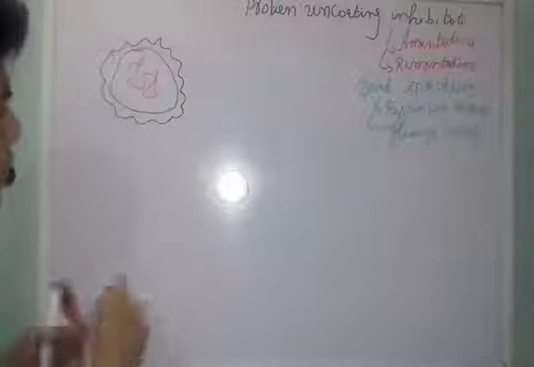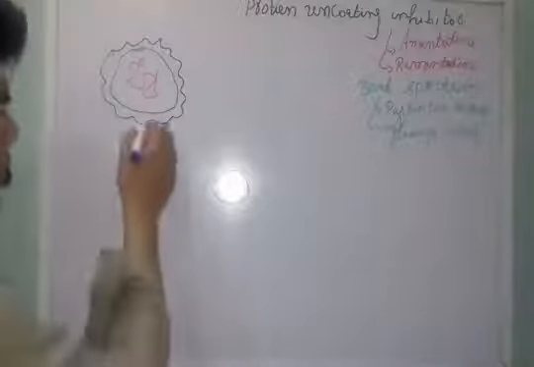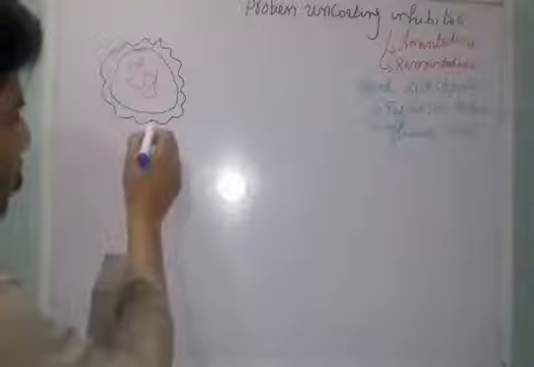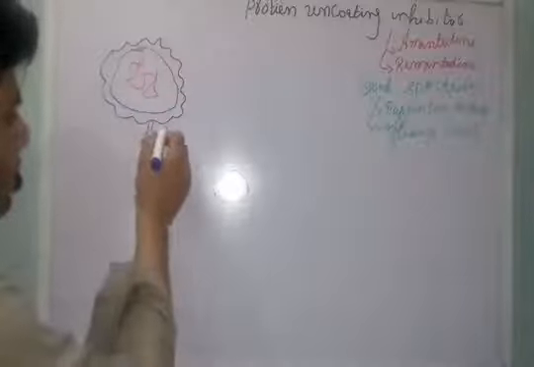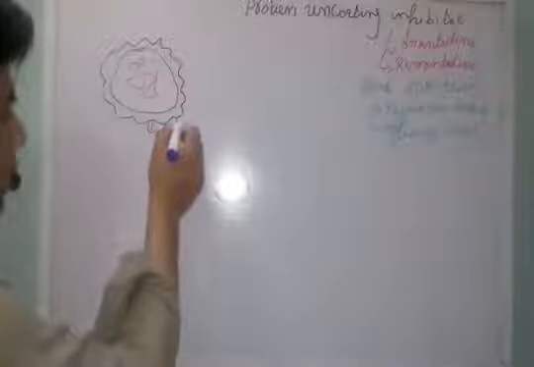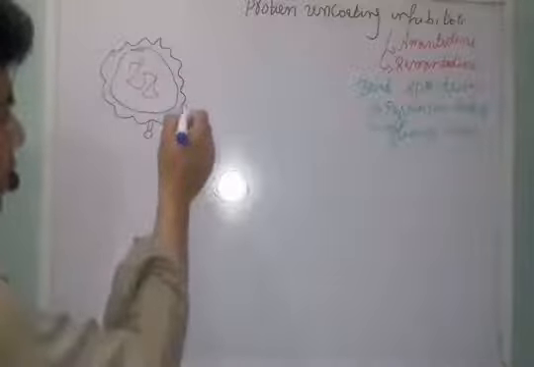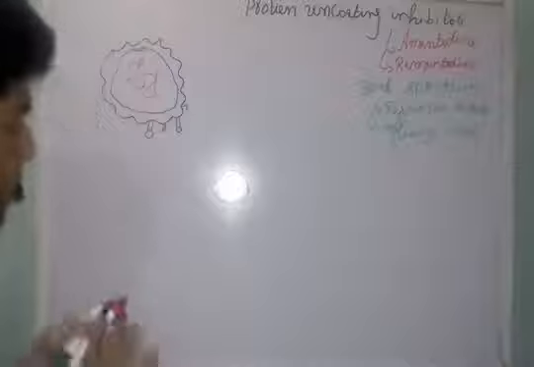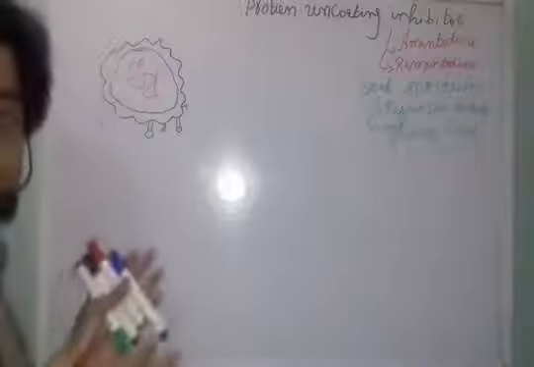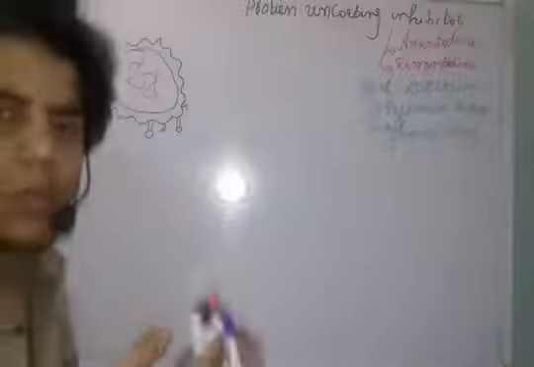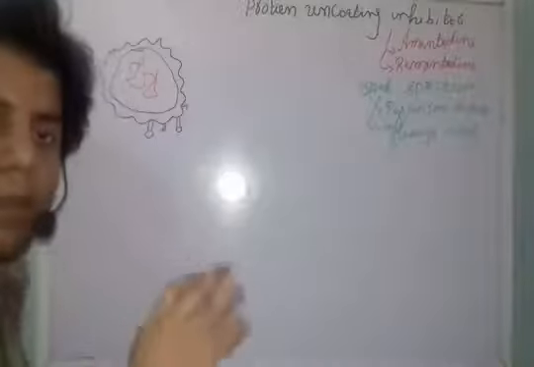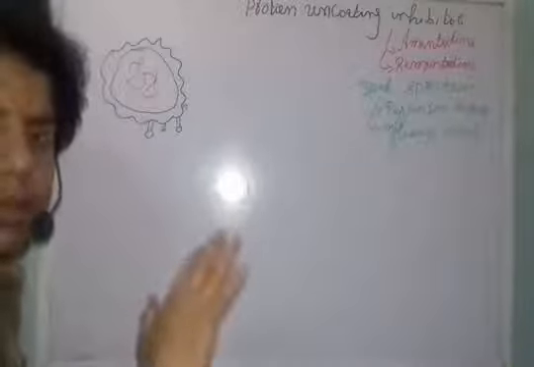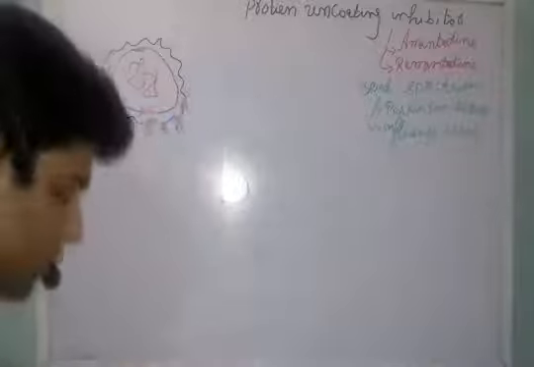Outside there are some proteins, the glycoproteins. These are the spikes, and these glycoproteins, or spikes, are responsible for attaching to the host cell receptor on the host membrane, and then the virus will be engulfed.